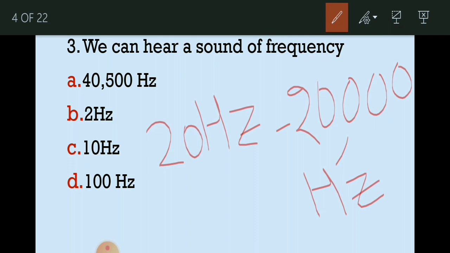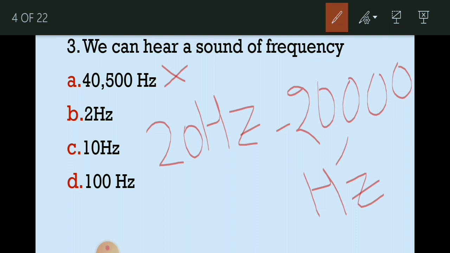So here you can easily say that the first option given here is 40,500 Hz. This cannot be the right answer, because 40,500 Hz is above 20,000, so it is an ultrasonic sound, and it is not possible for us to hear it. Next, 2 Hz. 2 Hz is less than 20 Hz, isn't it?